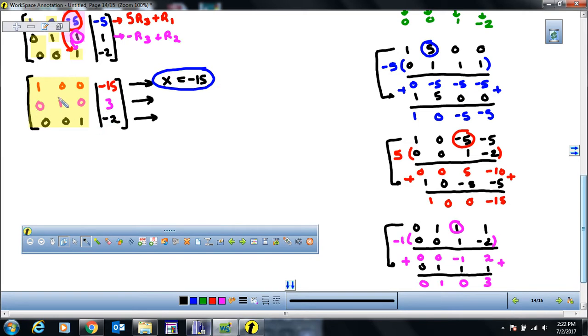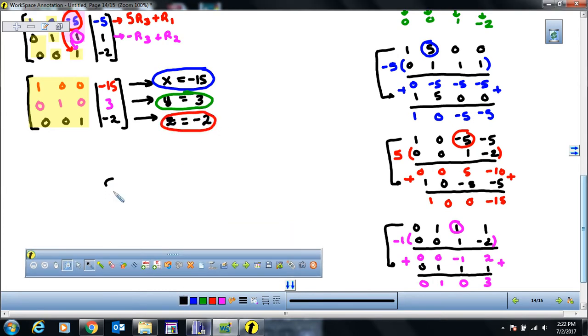No x, 1y, which is y, no z, equals 3. So this automatically gives me the value of y, and no x, no y, 1z, and that is z equals -2, and that automatically gives me the value of z.